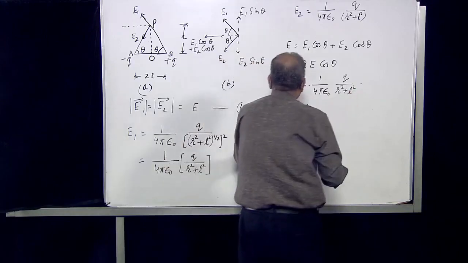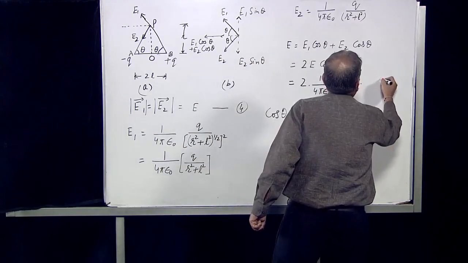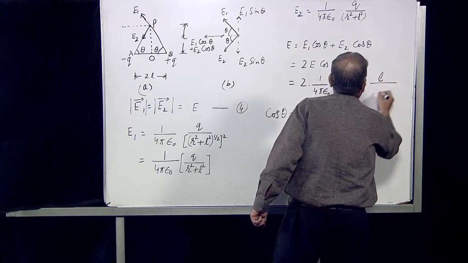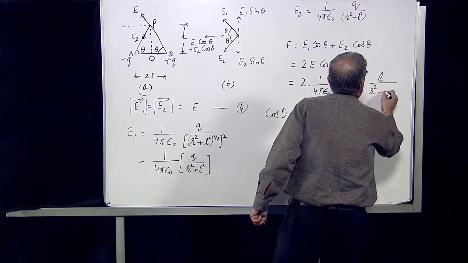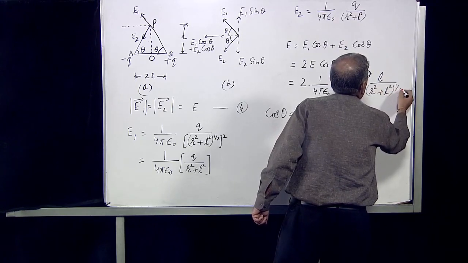So, substituting this value of cos theta, we have this expression L upon r square plus L square raised to power half.